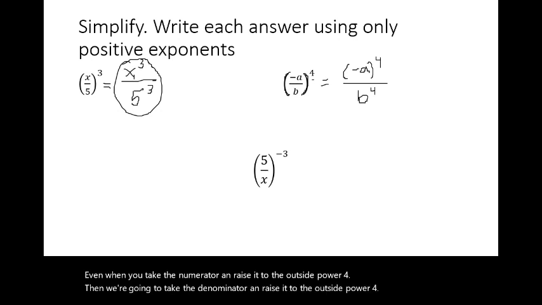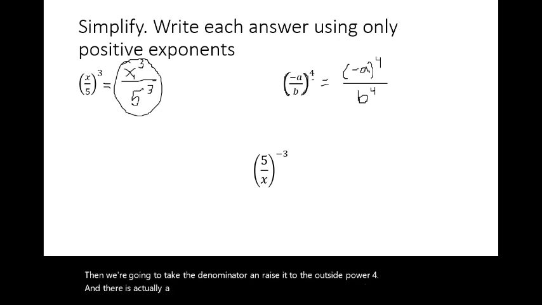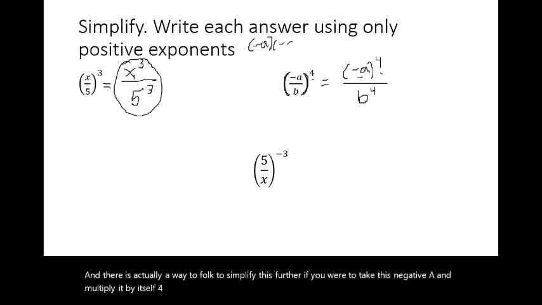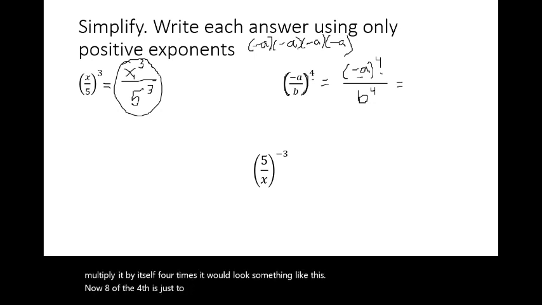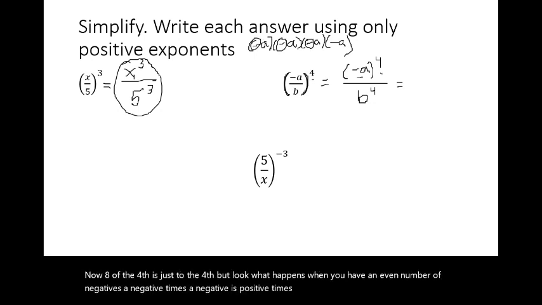And there is actually a way to simplify this further. If you were to take this negative a and multiply it by itself 4 times, it would look something like this. Now, a to the 4th is just a to the 4th, but look what happens when you have an even number of negatives. A negative times a negative is a positive, times a negative is a negative, times another negative is a positive.